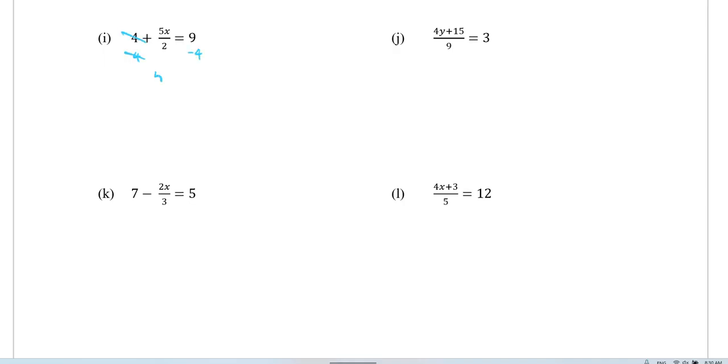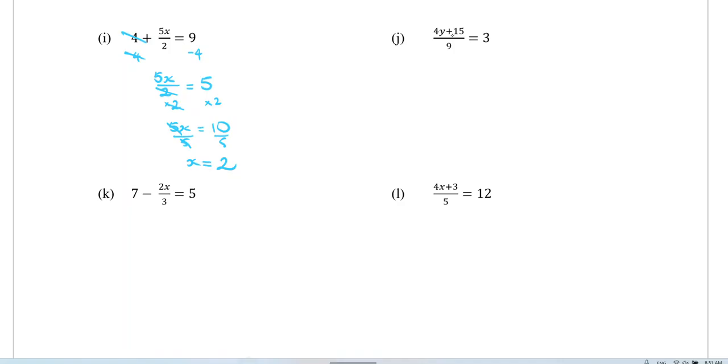So that leaves 5x over 2 equals 9 minus 4 is 5. Then the next step is to get rid of the 2, and that we need to times by 2. That gives 5x equals 10. And the last step, divide by 5, which gives x equals 2.